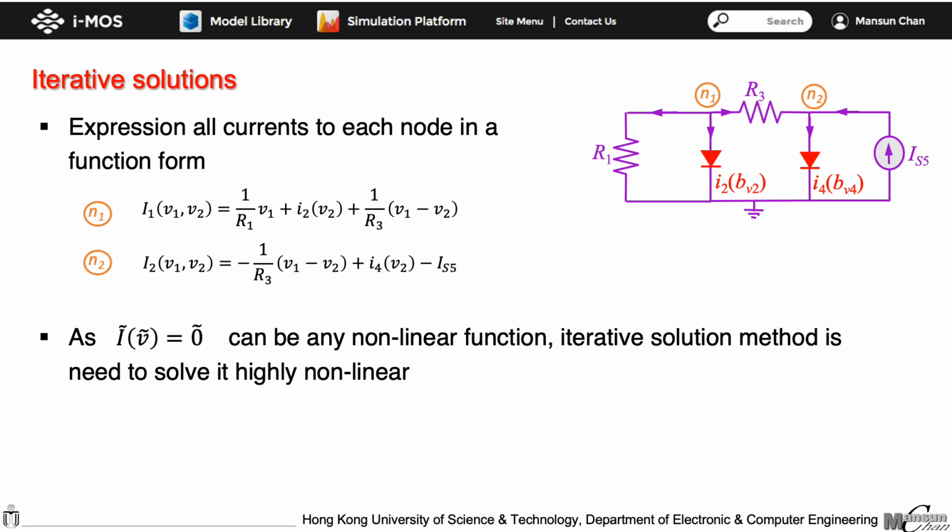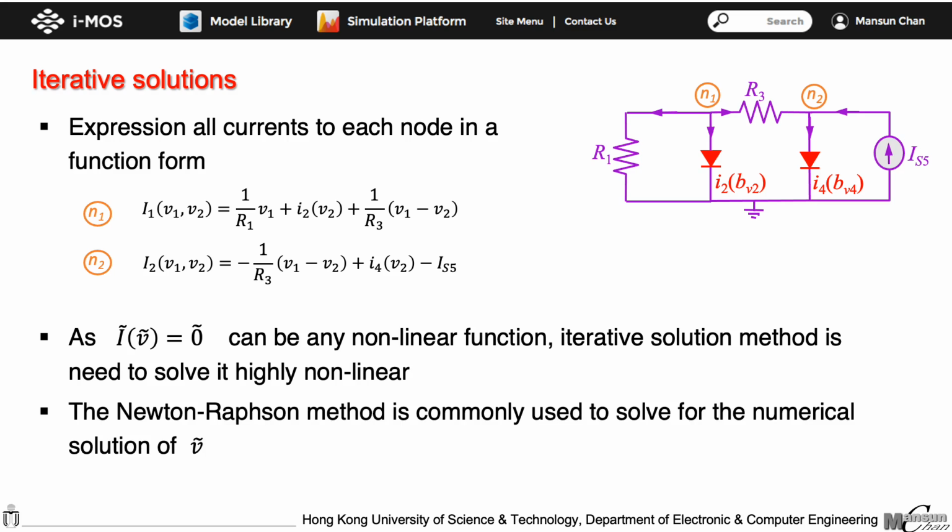As the function I of V equal to 0 can be any nonlinear function, the solution may not be expressible by an analytical equation. To find a general solution to the system of equations, an iterative approach will be used to solve for a numerical solution. And the Newton-Raphson method is commonly used to find the numerical values of the voltage vector V.